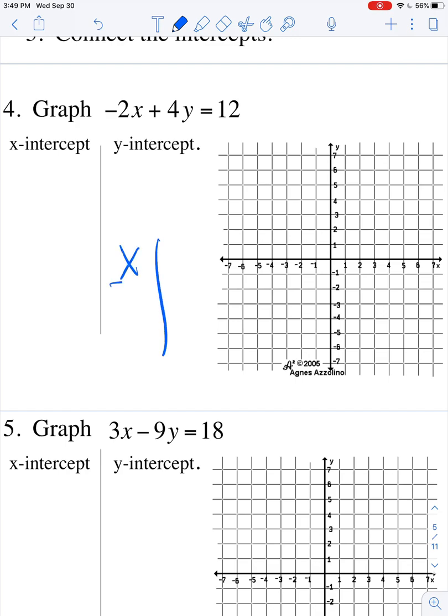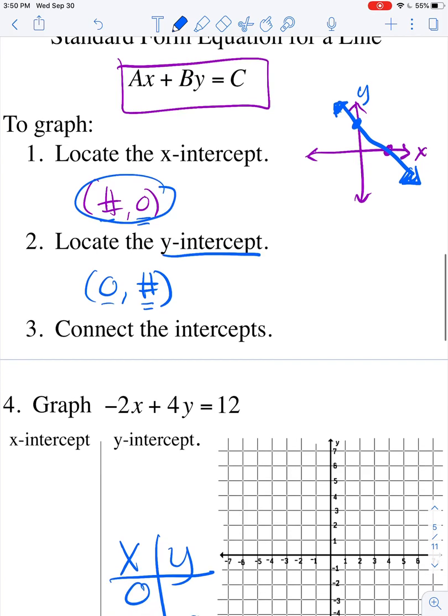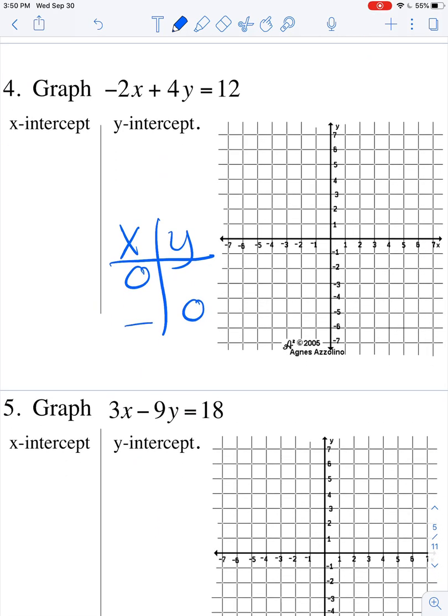What I like to do is I just make myself a table. So I'm going to kind of ignore these notes right now for a minute. I make myself a table with 0 for x and then a 0 for y. So I think, okay, if I took this equation, I'm going to look for the x-intercept.